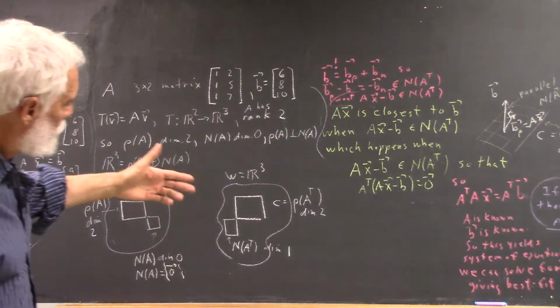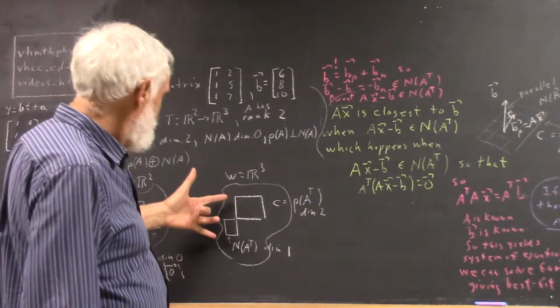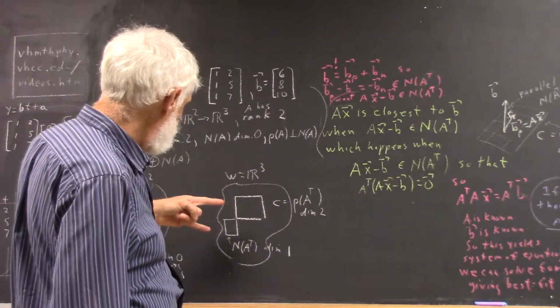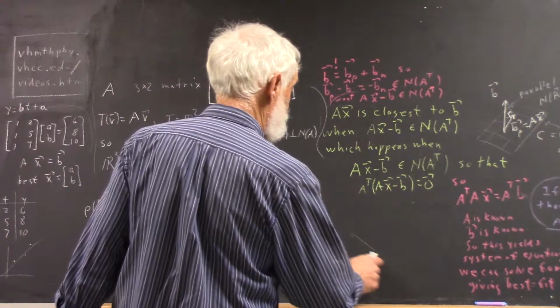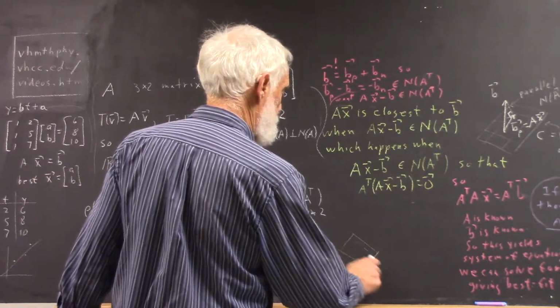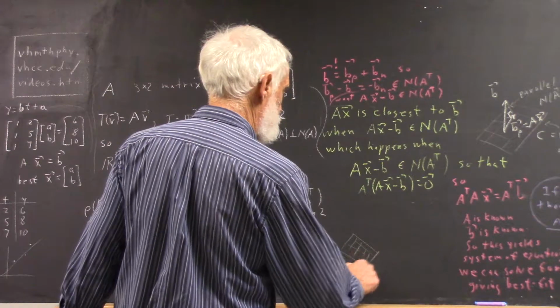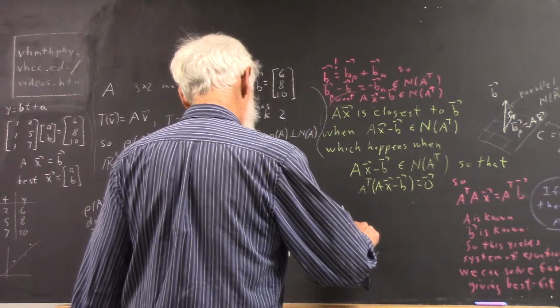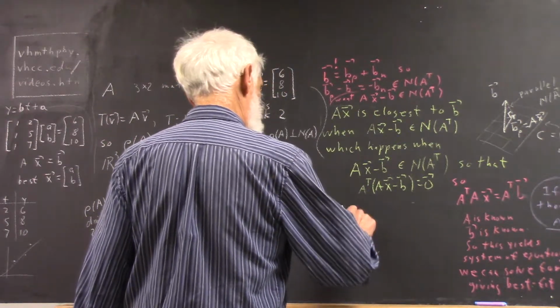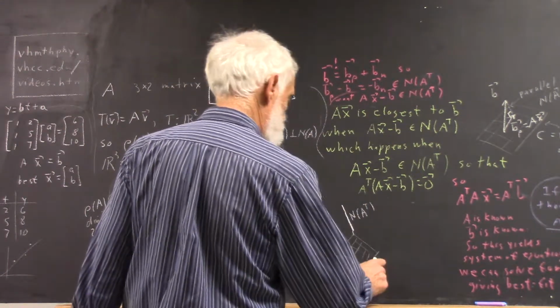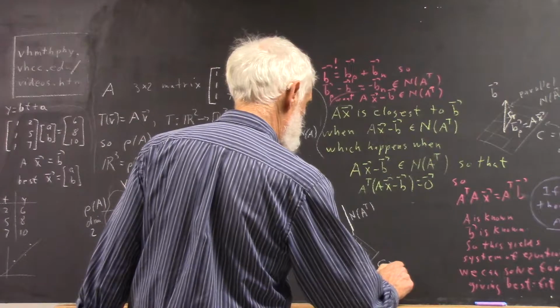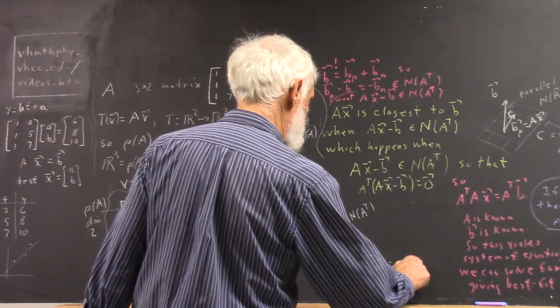Now, this means that we can actually depict this space by some plane and some vector perpendicular to the plane. So this is the column space, the row space of A transpose, which has dimension 2.